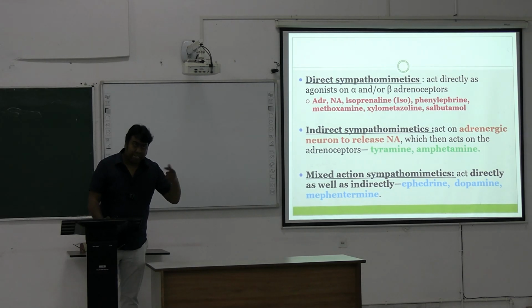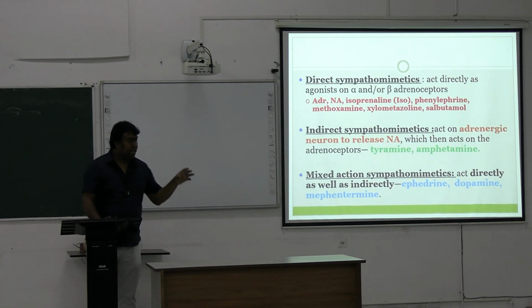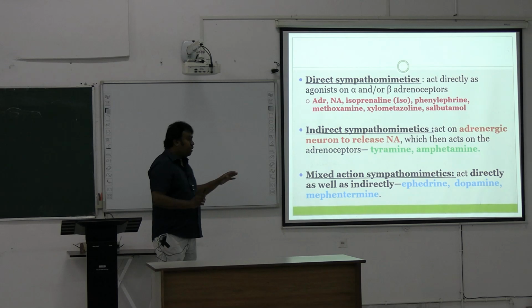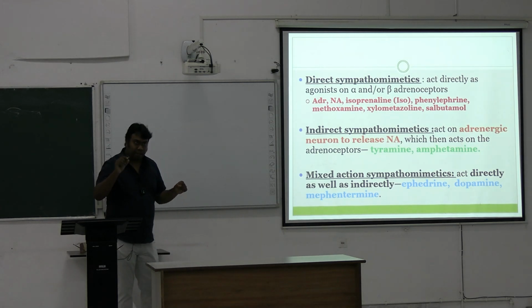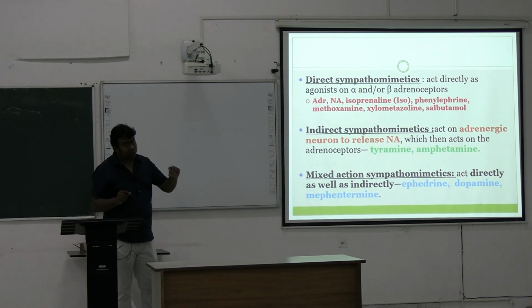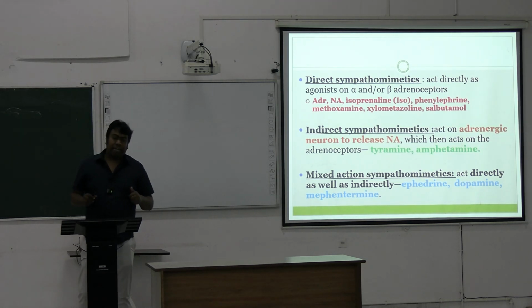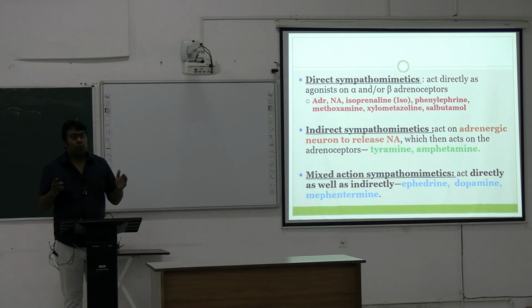They bind and release noradrenaline from the vesicles. Example is tyramine, amphetamine, and they are mixed. Both they can bind with the receptor and stimulate, as well as they can release noradrenaline from the vesicles. They are mixed. Now, next one is, which one causes tachyphylaxis?